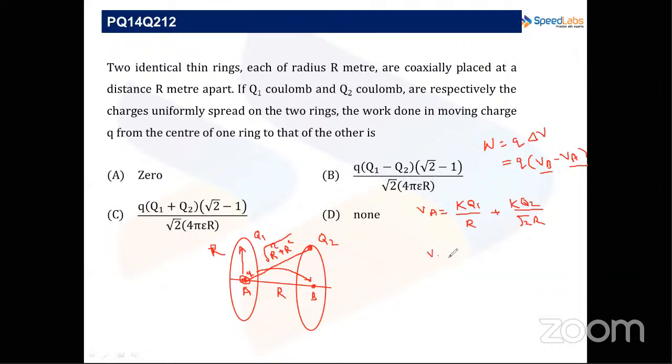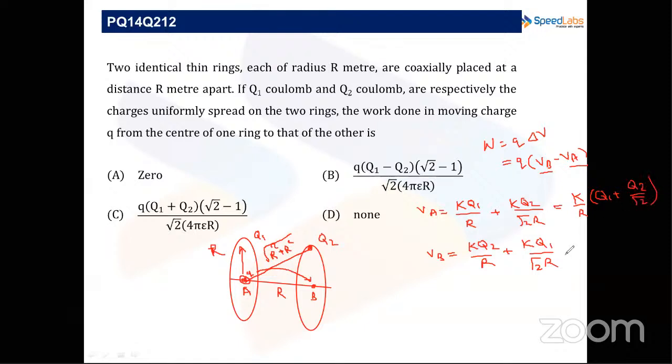If we find V B, when it reaches B, the potential will be kq2 by r plus kq1 by the distance, which is now root 2 r from q1, and we have to subtract these two. Quite a few things can be taken common: k by r, and this pattern also, this is basically q1 plus q2 by root 2.